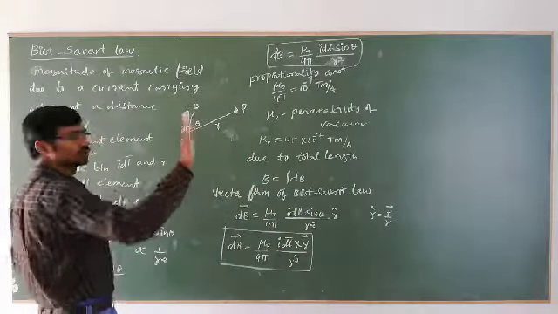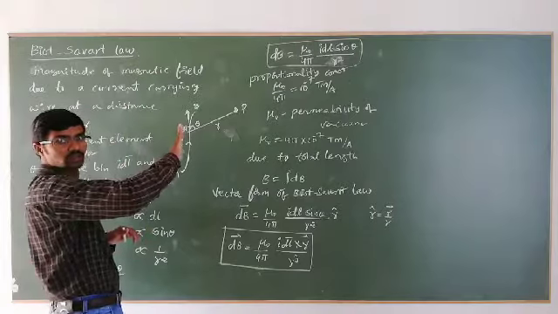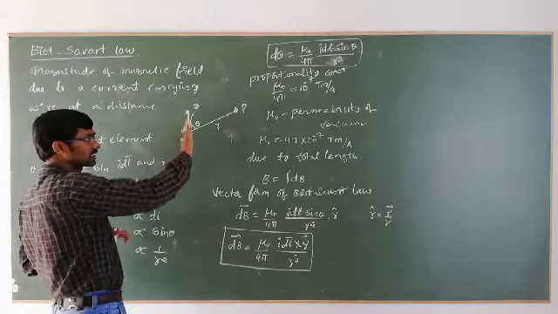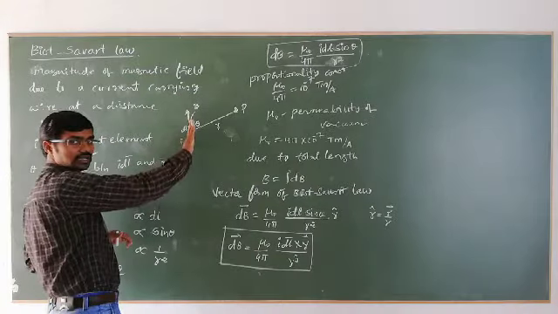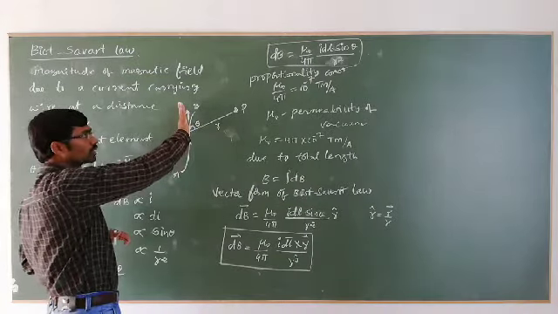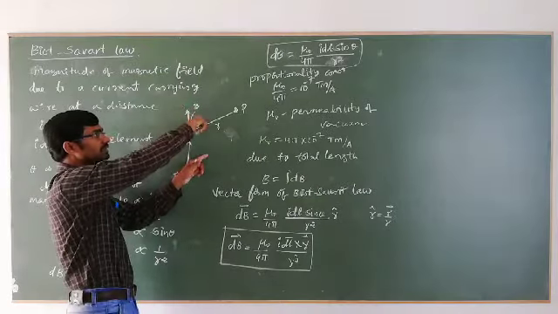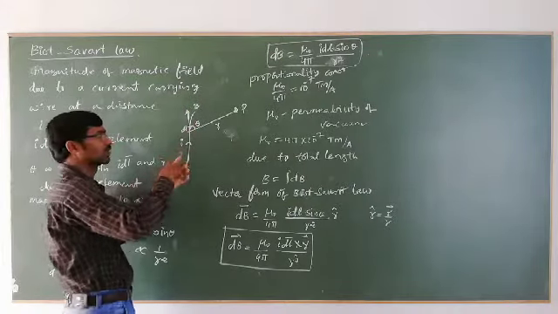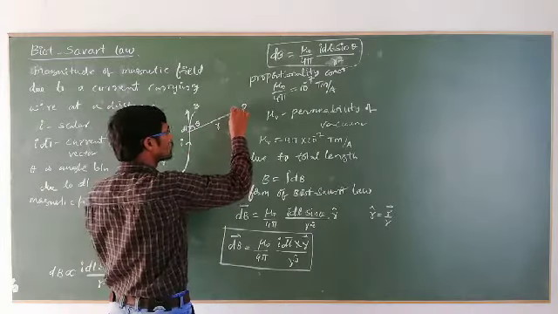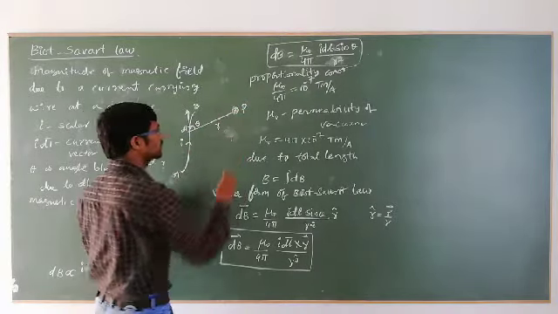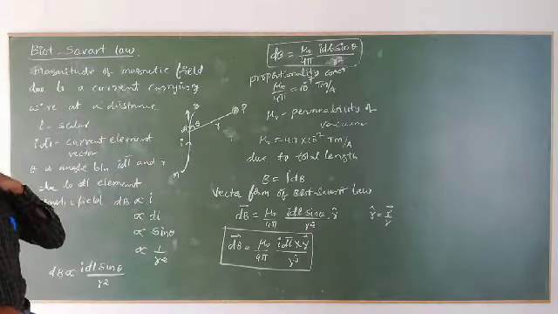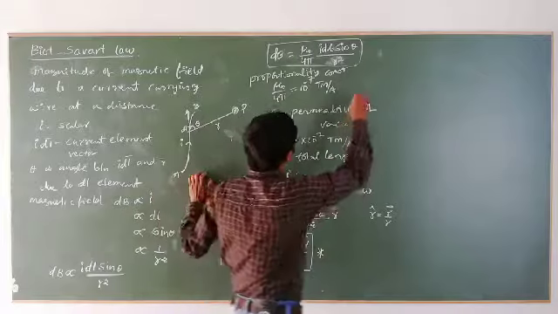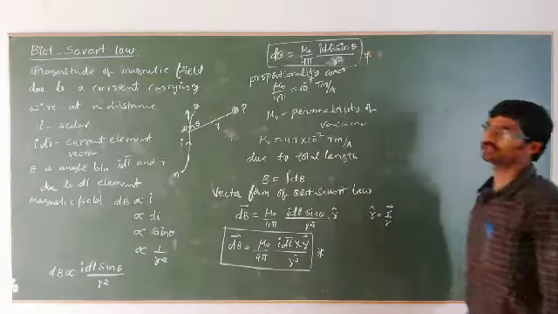So current flows in this direction, the current element direction is this, and you curl your fingers towards r like this. Then what would be the direction of the magnetic field? Inward. The thumb gives the direction of the magnetic field inward. So at this point the magnetic field is a cross, which is inward. So this is a very important expression for finding the magnetic field due to a current carrying wire.